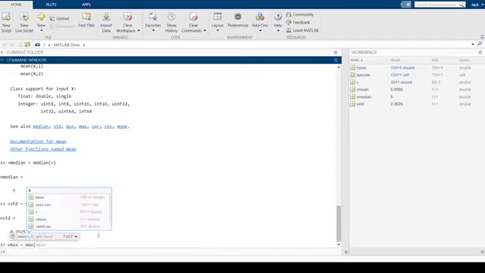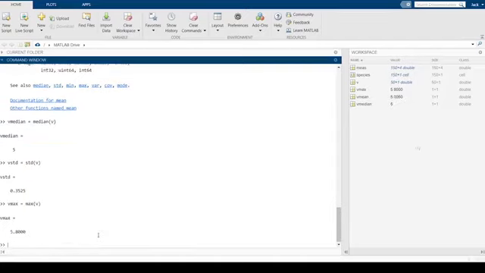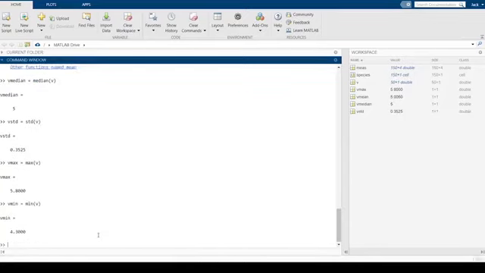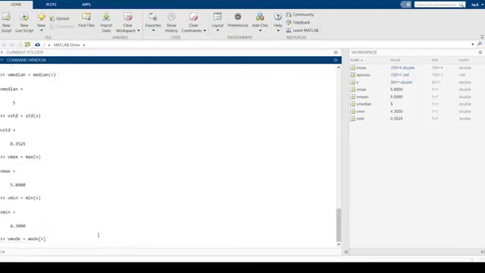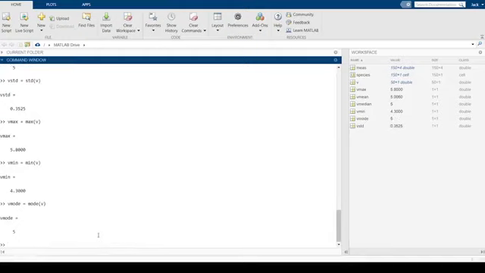The max and min functions give us the maximum value and the minimum value in V. This lets us know the range of the data set. And the mode function returns the most frequently appearing value in the data set, which is 5. All of these metrics give us some understanding and intuition about the data set.